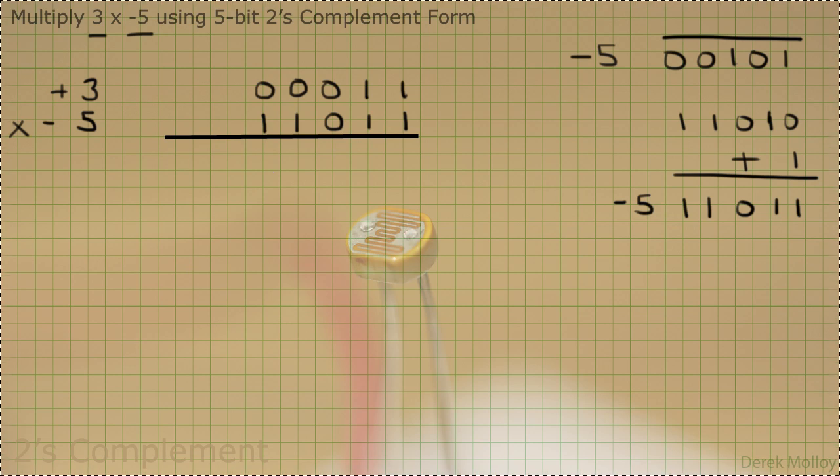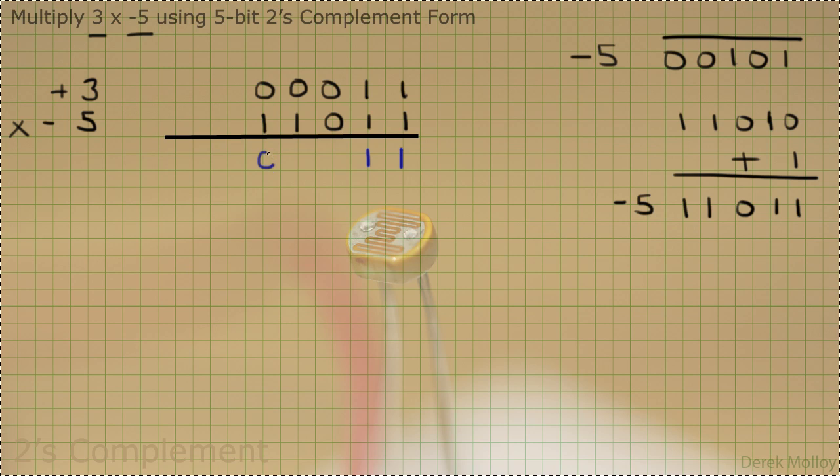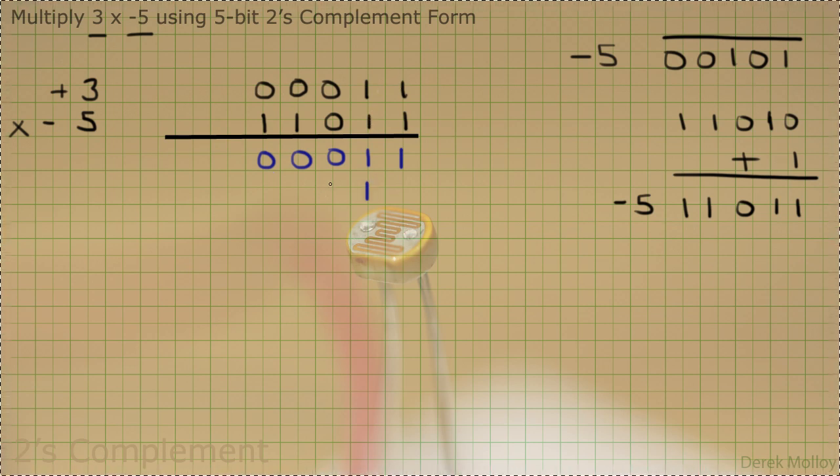Okay, so let's multiply it out. So 1 times the number above is going to be the number above. Now we shift over one position to the left, a left shift, and we do 1 times the number above.